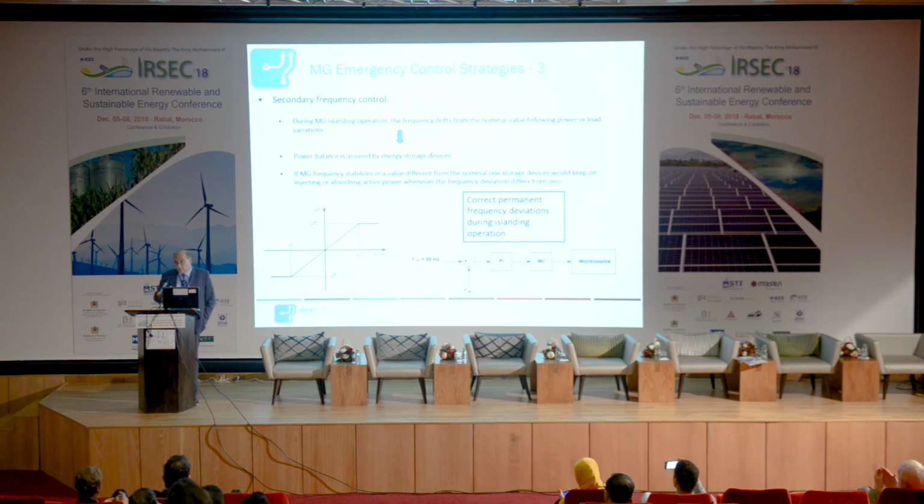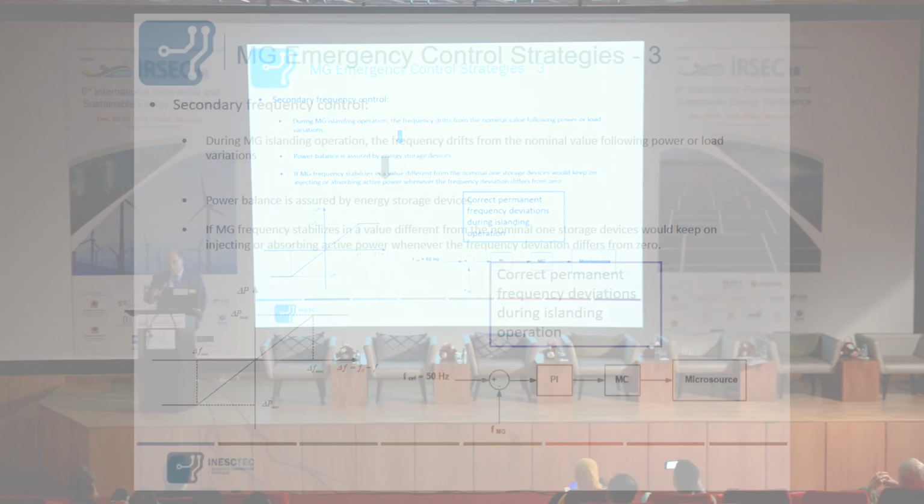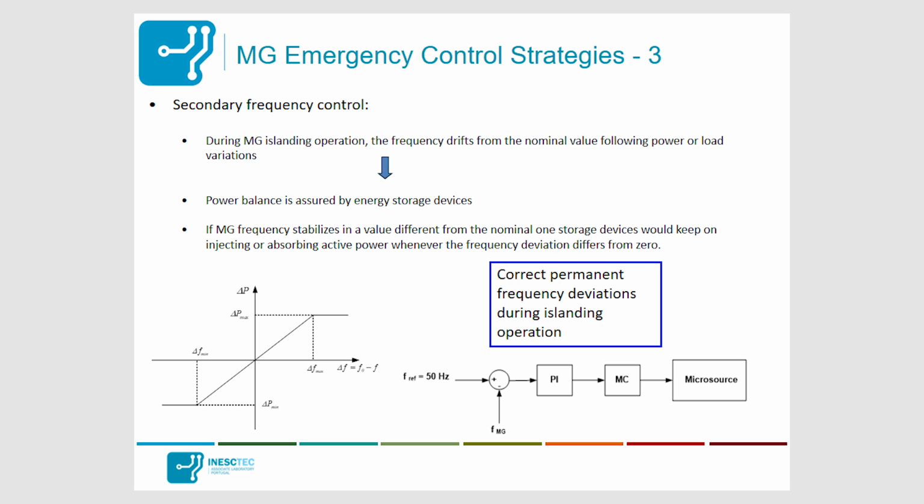Otherwise, since the inverters of the batteries respond proportionally to the deviation of frequency, they would keep on injecting power into the grid while the frequency remained off nominal. So we don't want that. Because of that, it is necessary to bring frequency back to the nominal value, and therefore there is a secondary frequency control based on the proportional integral control approach. This is a typical solution.